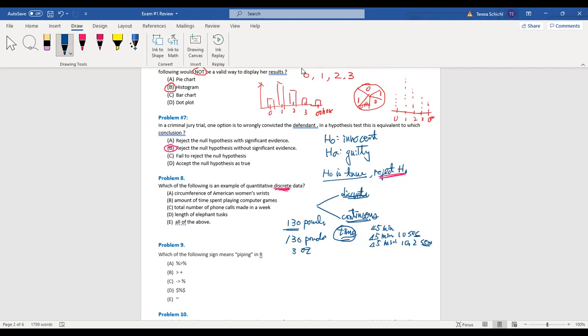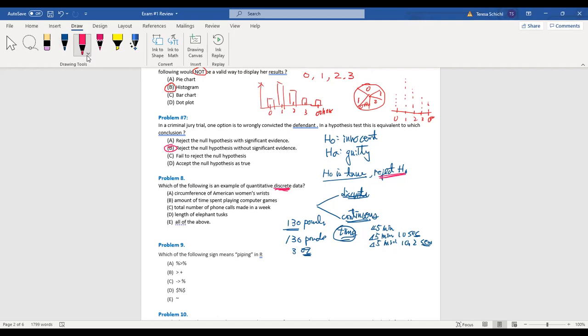No. Maybe you are tens of ounces or hundreds of ounces, right? Your measurement instrument is not precise to that degree, but you can continuously get smaller and smaller units. Maybe I'm 130 pounds and 3.00004 ounces, right? So that type of data is called continuous here.